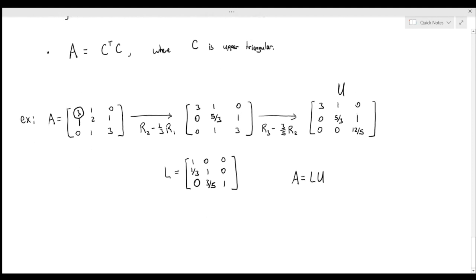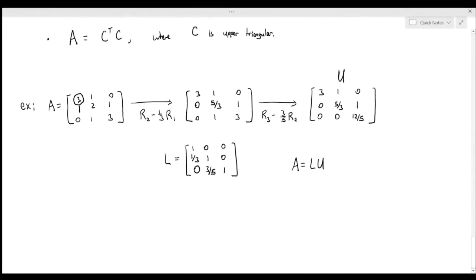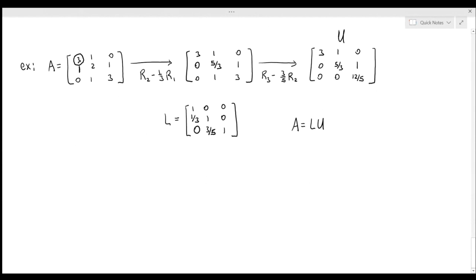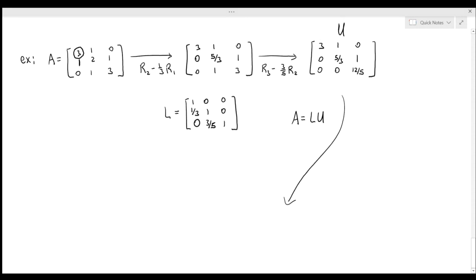Okay, so that gave us an LU factorization of A. But what we want right now is an LDU factorization. So if you remember how LDU works, we're going to take this upper triangular matrix that we found earlier, take the diagonal entries and put them into a diagonal matrix.